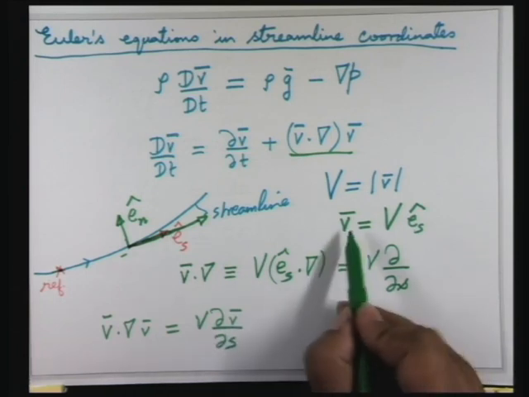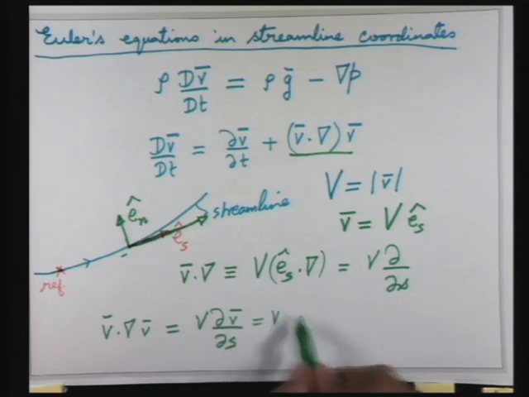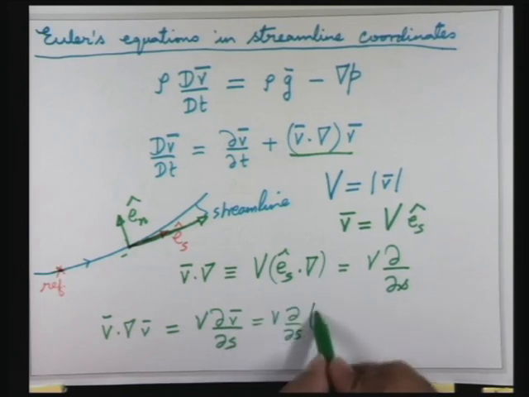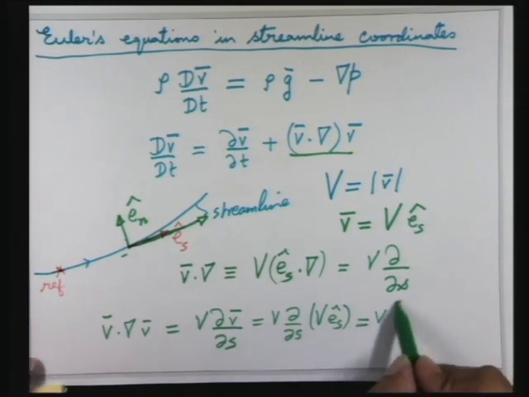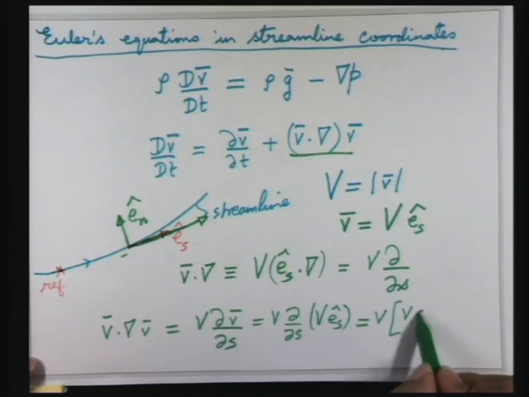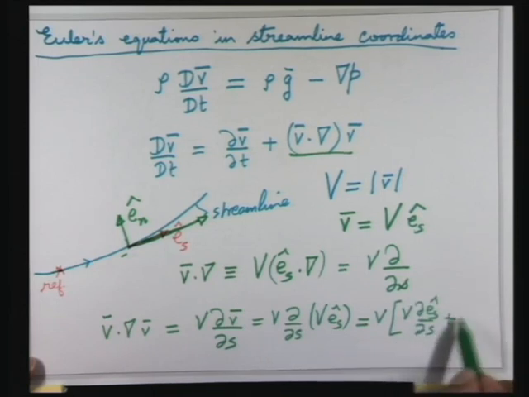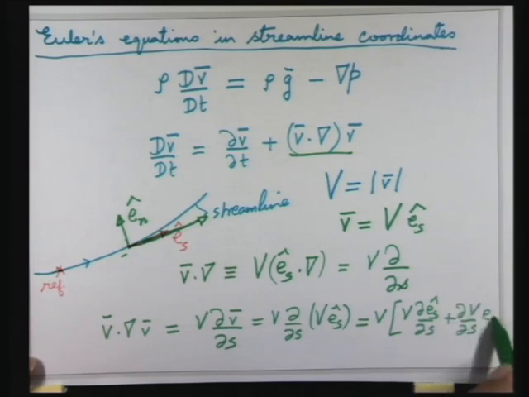Now, the vector V is V Es. So, you are going to get two terms from here: V into V del Es/del s, and the other one is del V/del s times Es.